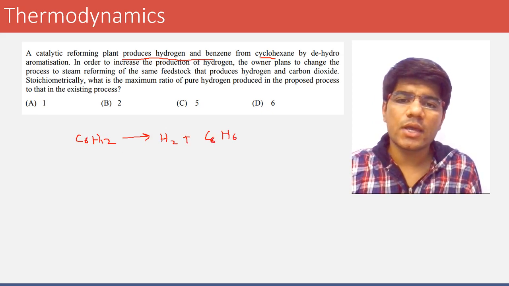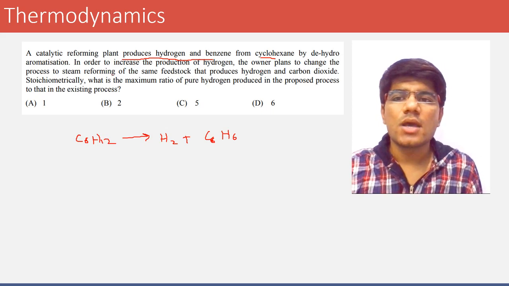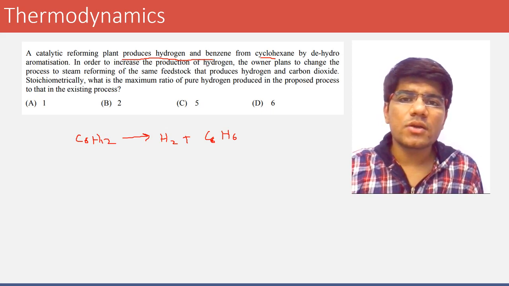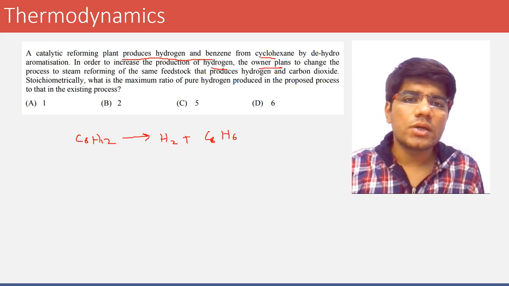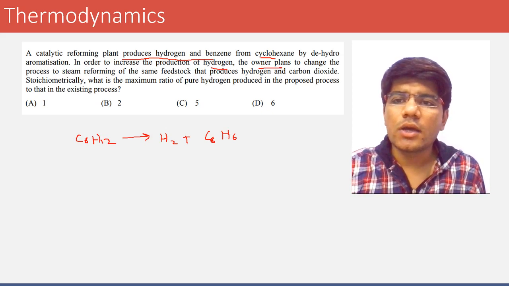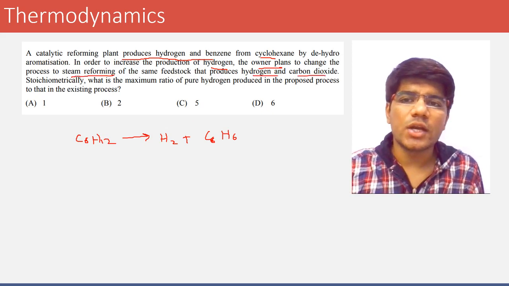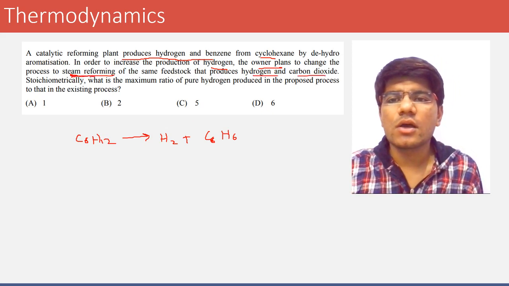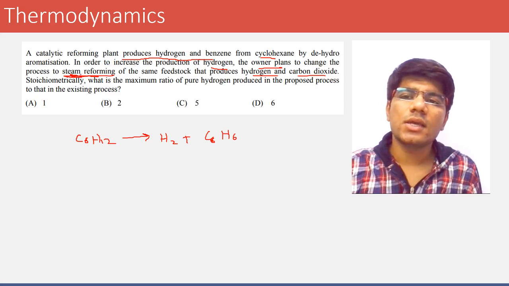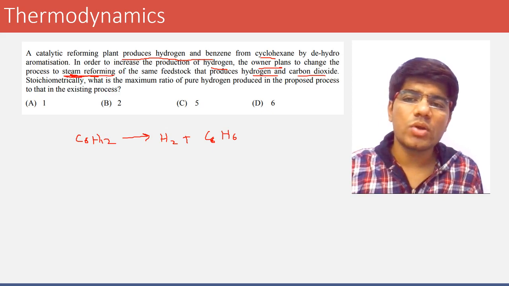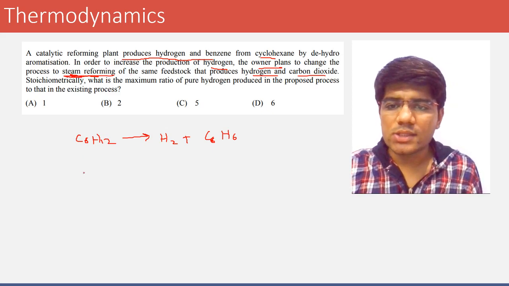In order to increase the production of hydrogen, what the owner did was he introduced a steam reforming process which produces hydrogen and carbon dioxide. So with the name we can say the owner is giving steam with C6H12.